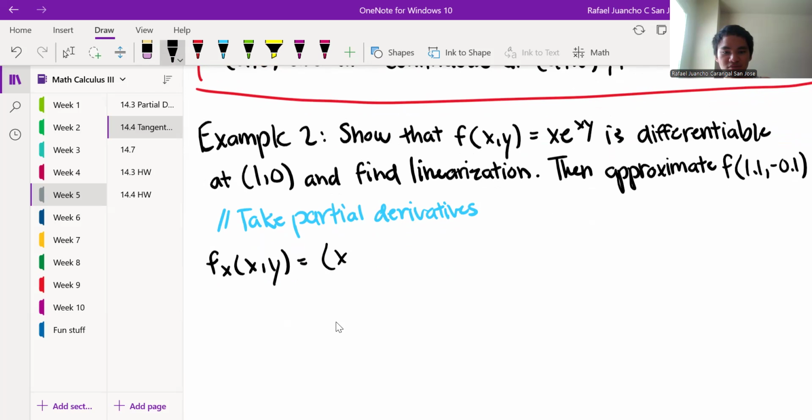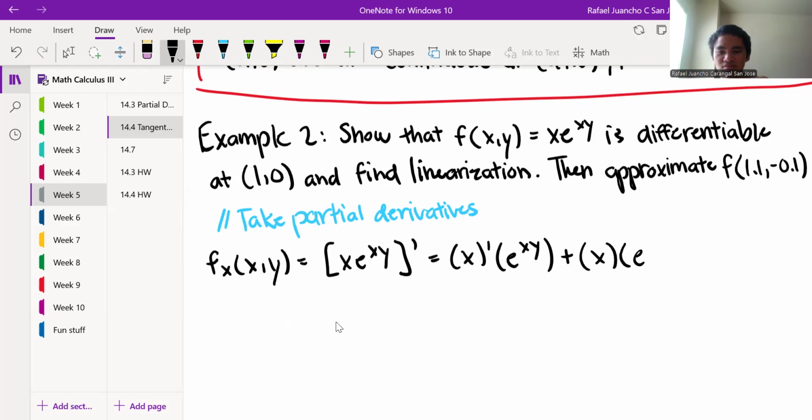Let me just set it up so that I can also do it for the others. So here I'm thinking of doing a chain rule, product rule, just in case. We're gonna add. Here I do a chain rule.